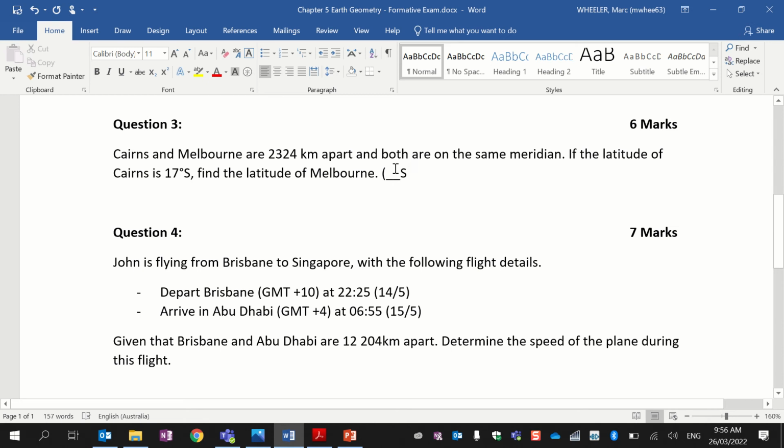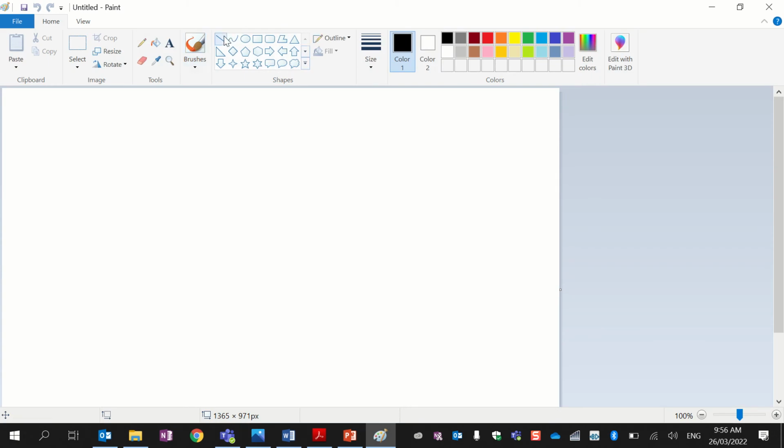To work it out, when you have two latitudes that are both south, here's my compass: Cairns at 17 south, which means Melbourne's somewhere down here, further south.